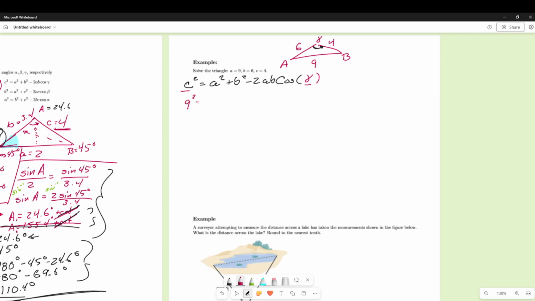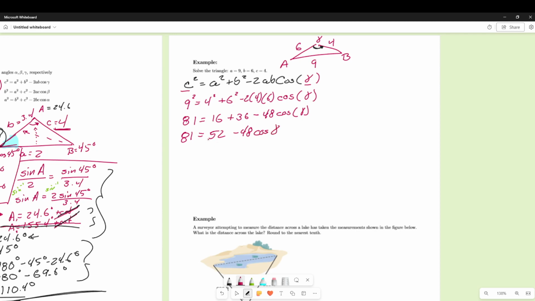So 9 squared equals 4 squared plus 6 squared minus 2 times 4 times 6 times the cosine of the angle we're trying to find. So 81 equals 16 plus 36 minus 8 times 6 is 48 cosine gamma. Just a little bit of solving here. That's 52 minus 48 cosine gamma.